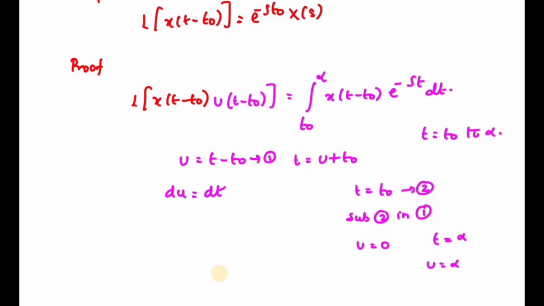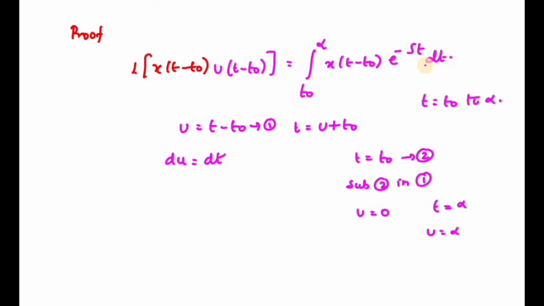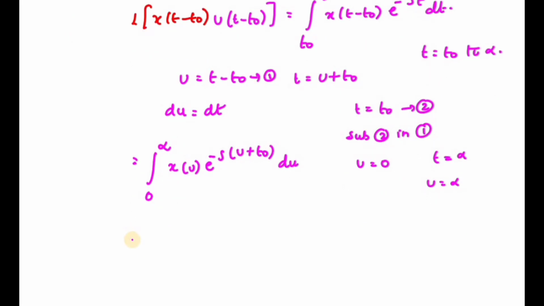So I am going to change this entire equation. Instead of t equal to t naught, it goes to u equal to 0. If it is infinity, it is infinity only. X of t minus t naught becomes x of u, and e power minus s times t becomes e power minus s times u plus t naught, and instead of dt, I substitute du.